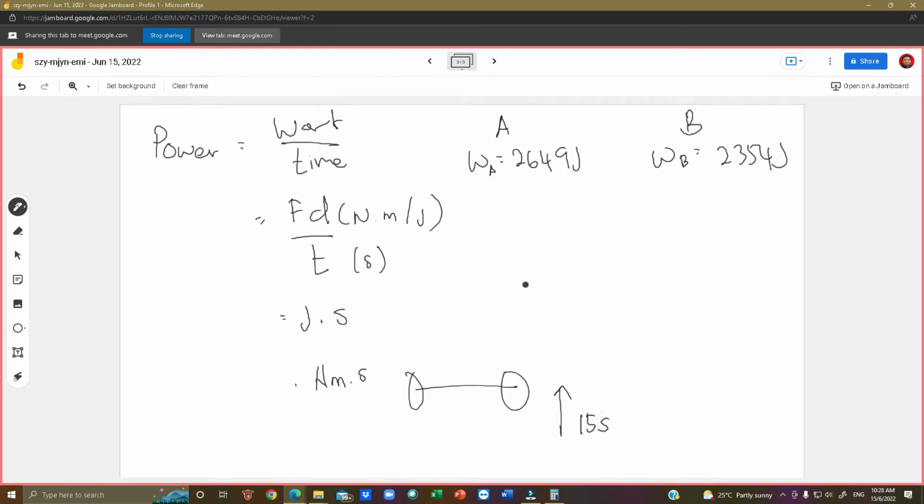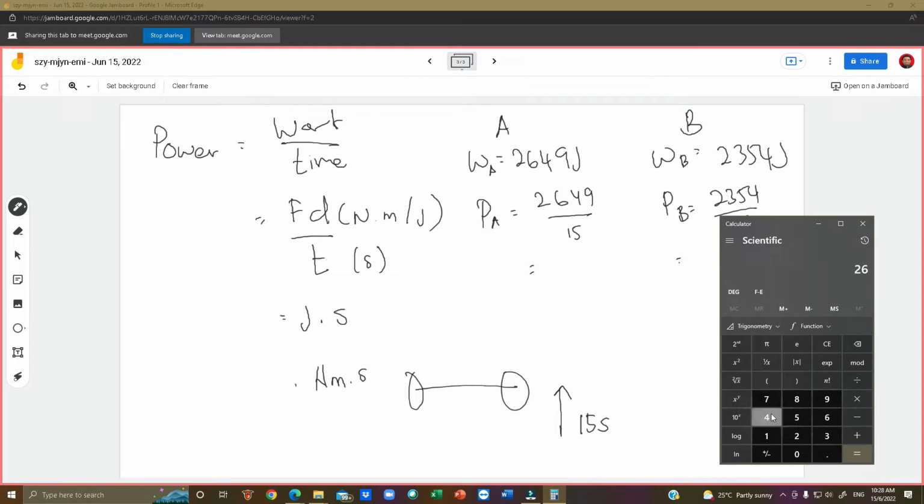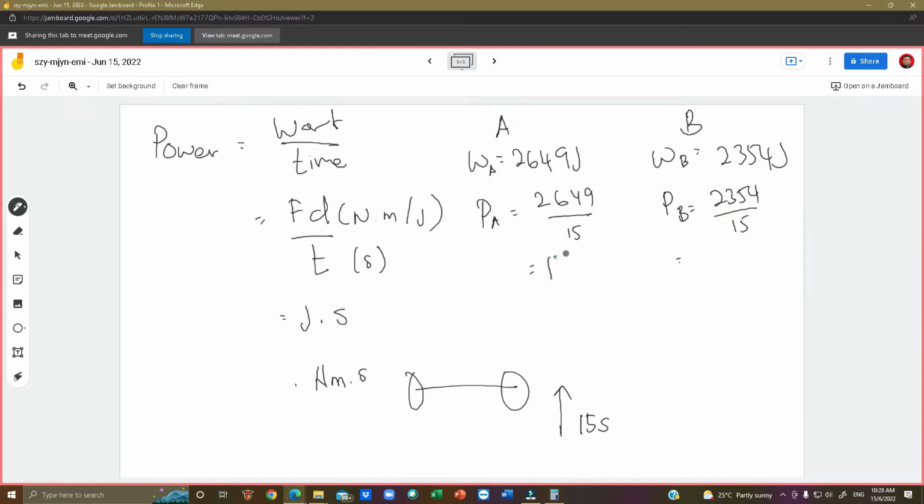Now let's observe which athlete is much more powerful. So PA is 2649 over 15 and PB is 2354 over 15. Okay, yang pertama berapa kita dapat? Divide by 15, we have 177 joules per second.